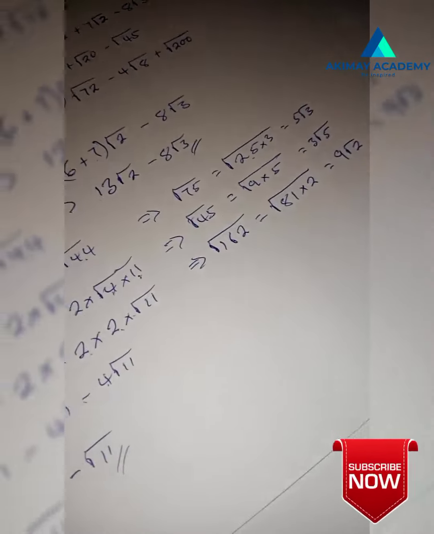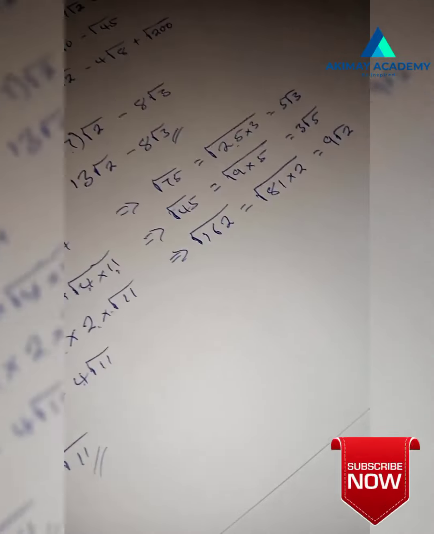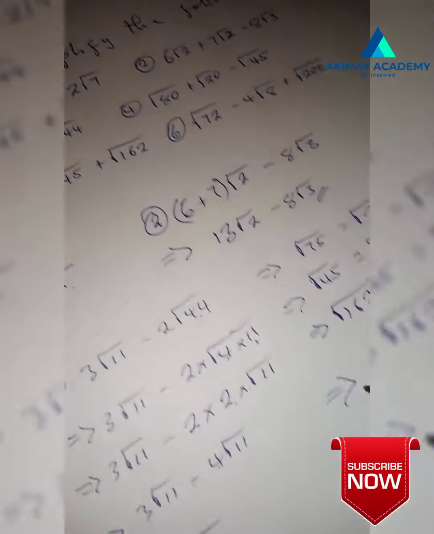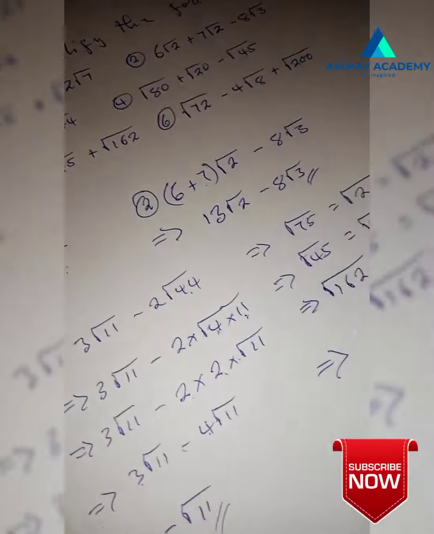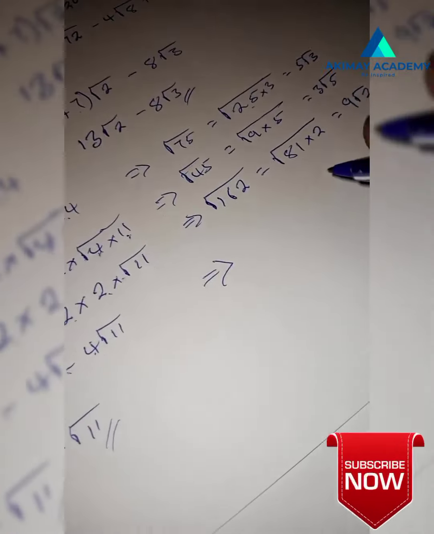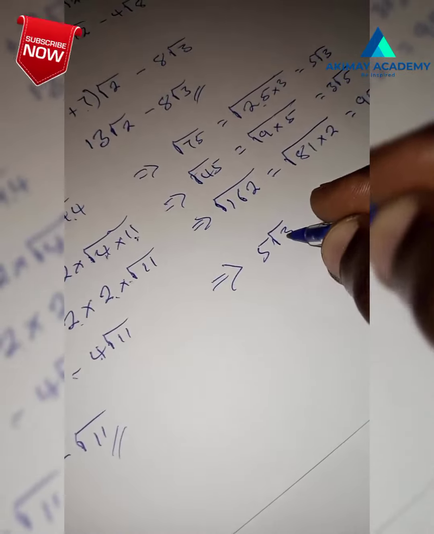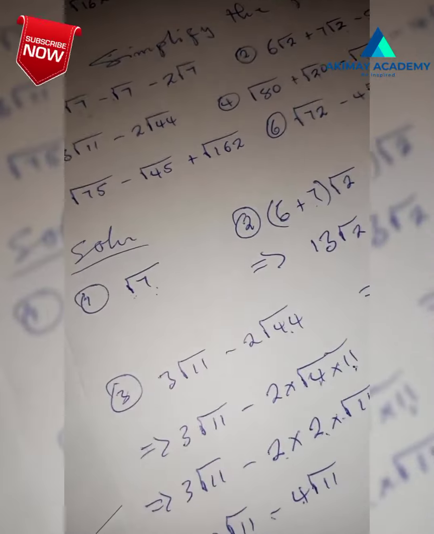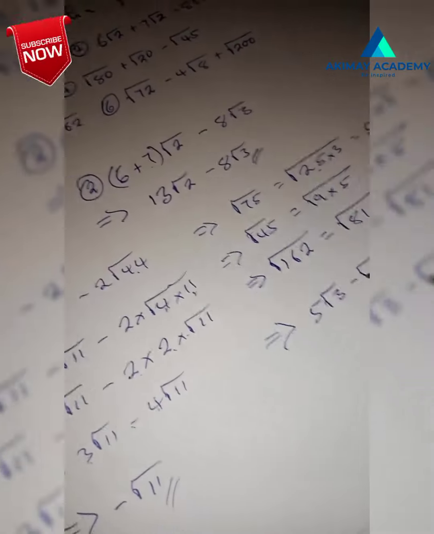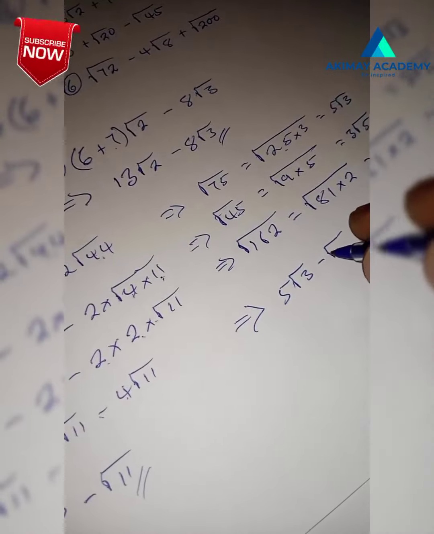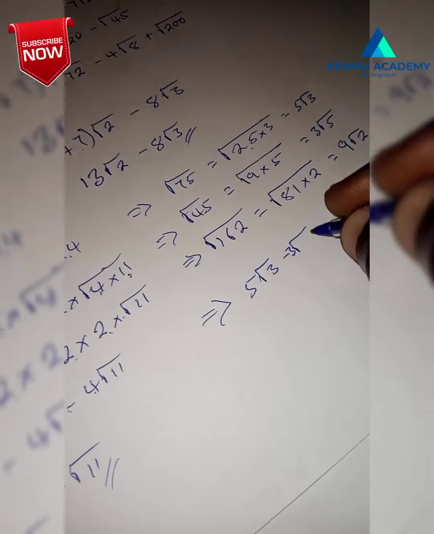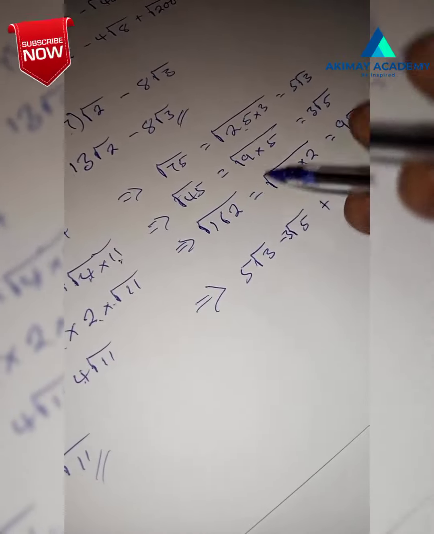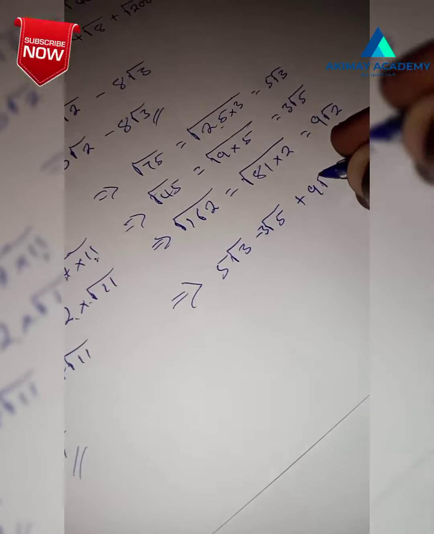It's possible you can come across questions of this nature. So in this case, question 5, root 75 has been reduced to 5 root 3, then minus root 45, which has been reduced to 3 root 5, plus root 162, which has been reduced to 9 root 2.